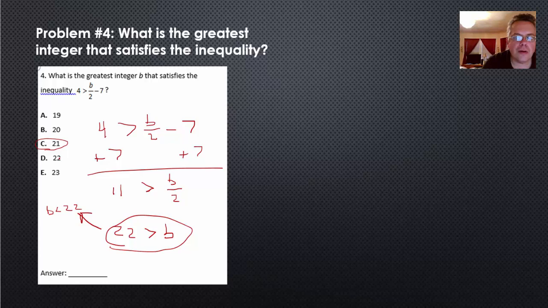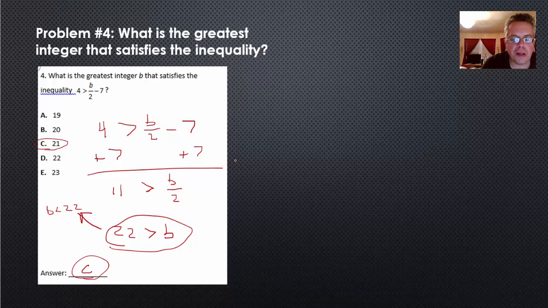22 would make it equal, so 22 doesn't satisfy the inequality. So the answer to this is C, 21. Okay, so once you think about it a little bit, it's doable. So solve it. If you think b less than 22, the greatest integer that satisfies that has to be 21.